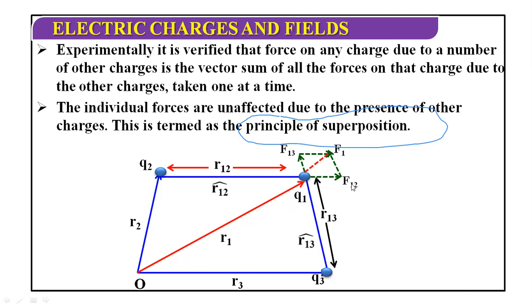Now very easily we can say it is F12 vector in this direction, F13 vector in this direction. So resultant of these two forces, resultant of F12 and F13, that will be in between these two. So this is F1. Now what will be F1? F1, that will be simply the addition of these two, F12 plus F13.